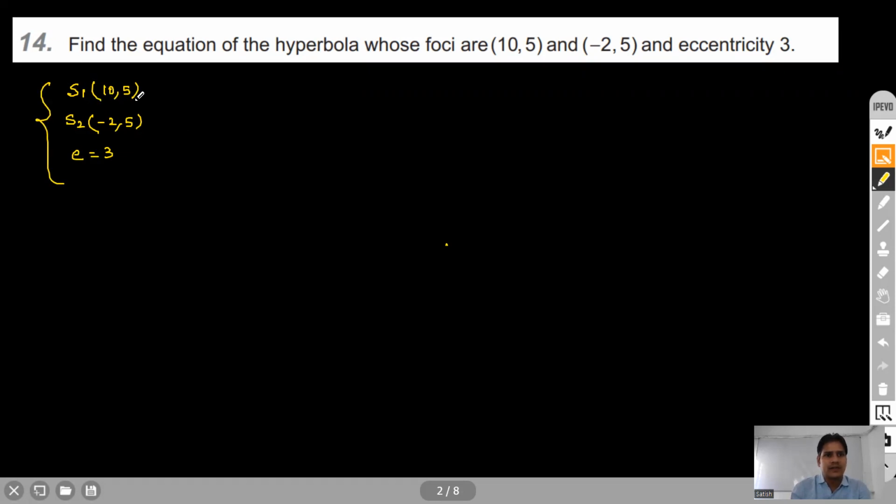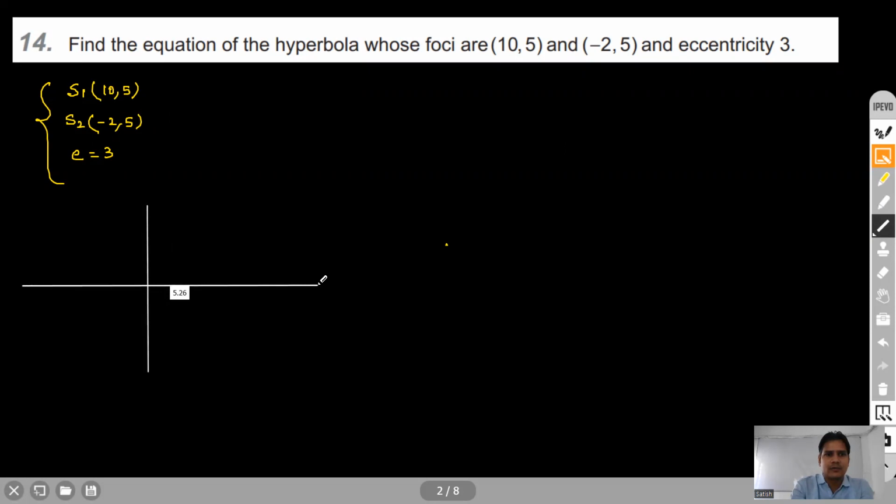So these three things we know. Now, if you observe here the y coordinate of both the foci, y coordinate is what? 5. For S1 also it's 5 and for S2 also it's 5. So let me draw one rough diagram. So it will be a lot easier to understand. So I am drawing a rough diagram for this hyperbola.